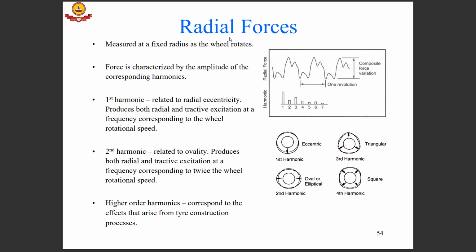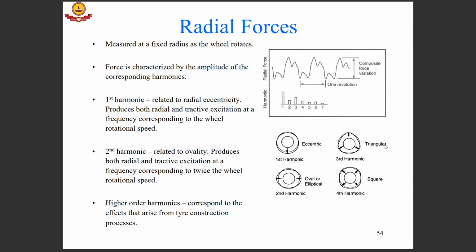So then these radial forces, as you can see, they repeat in pattern when you are rotating the wheel. This is a spatial pattern and it gets repeated in time as you rotate the wheel. This is measured at a fixed radius when the wheel rotates. The force is characterized by the amplitude of the corresponding harmonics.